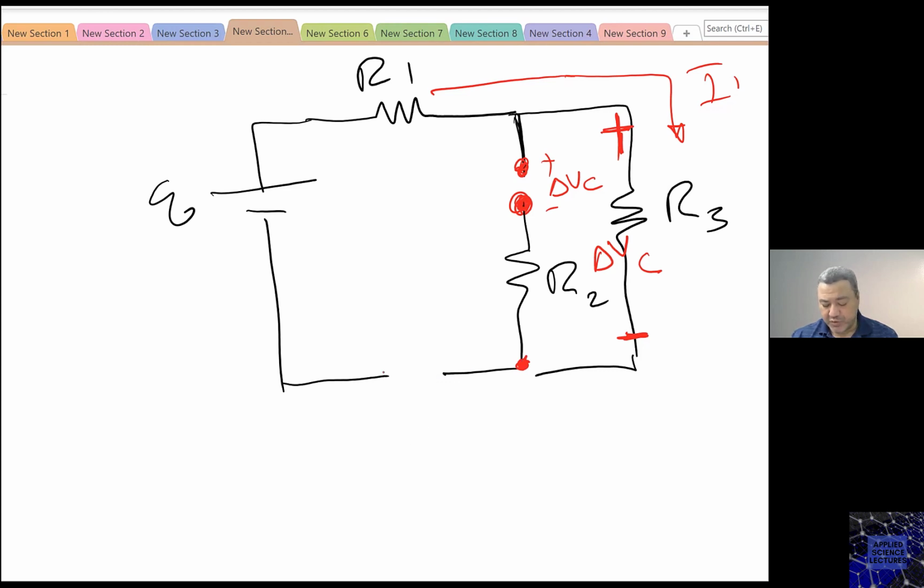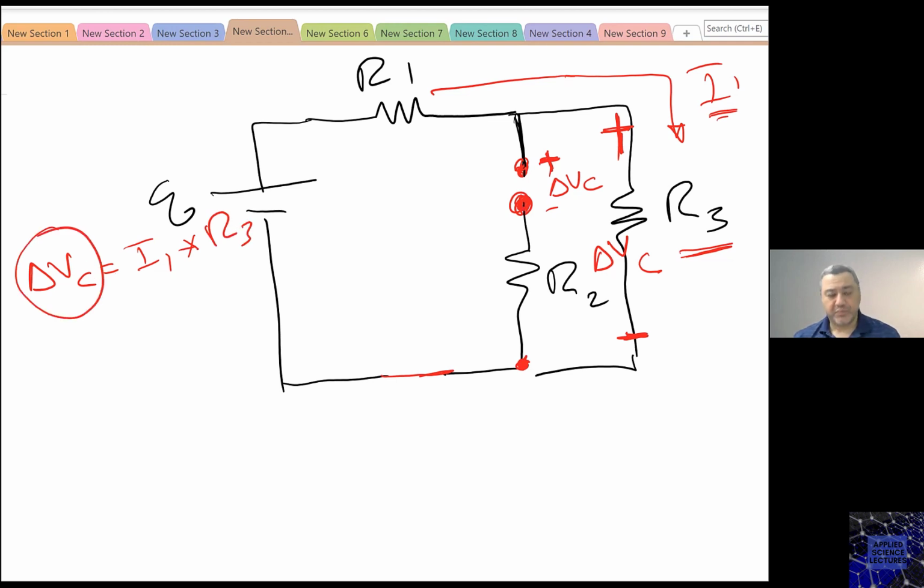But when the switch was closed for a long time, the voltage across the capacitor was the same as the voltage across R3, which means delta VC was I1 times R3.